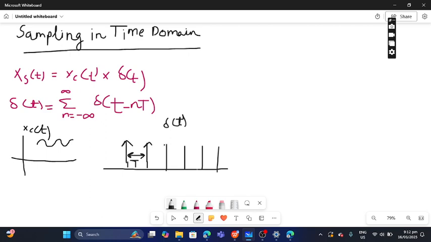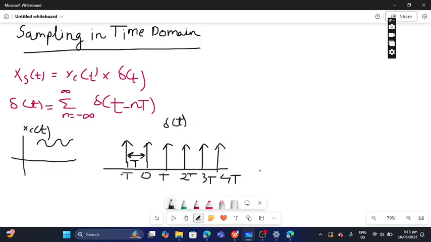You have to make the signal samples. It is minus T, 0, T, 2T, then 3T, and afterwards we get 4T here.